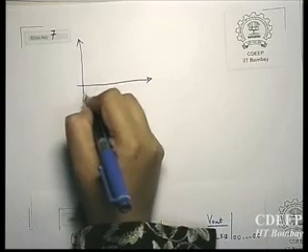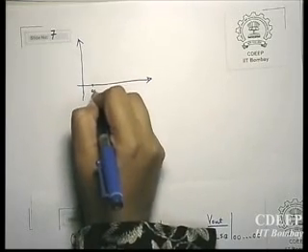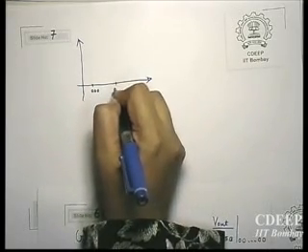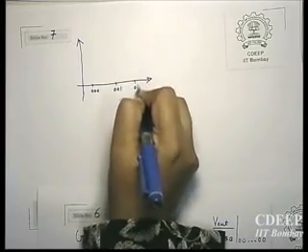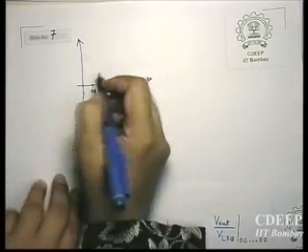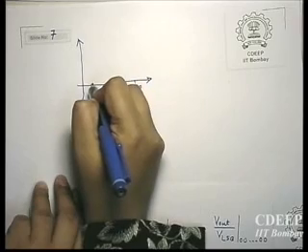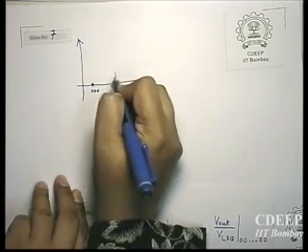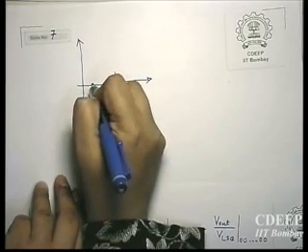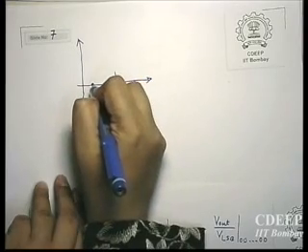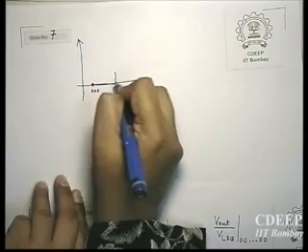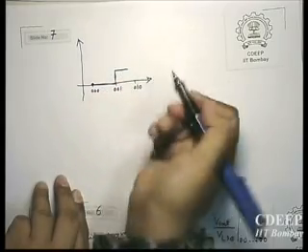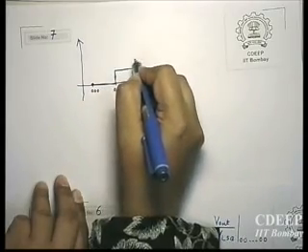Suppose this is code. Say this is 000, this is 001, this is 010. So you are here and then here you will go to the next level, and so on.